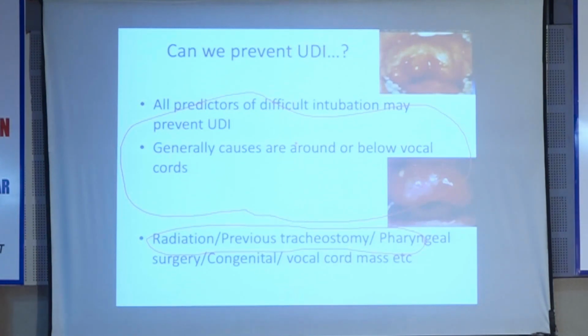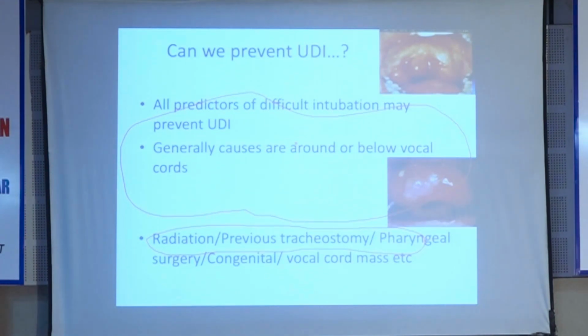Let me tell you all the predictors of difficult intubation. If you are well versed with them, and carefully suspect those patients, naturally it won't become an unanticipated difficult airway. Once it is an anticipated difficult airway, you can deal with it.